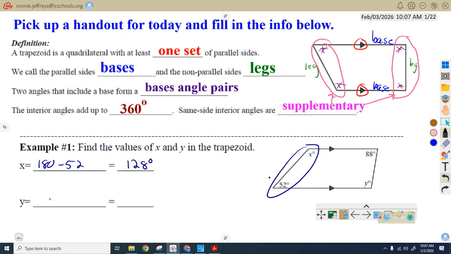Alright, and then y would be 180 minus 88, which would be 92 degrees. Pretty simplistic. Kind of straightforward.